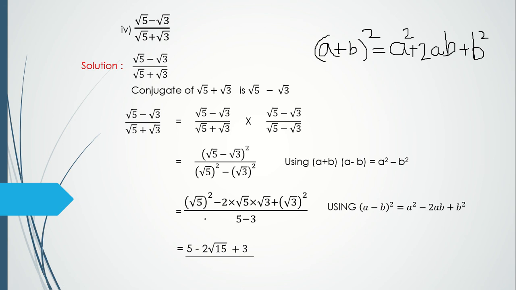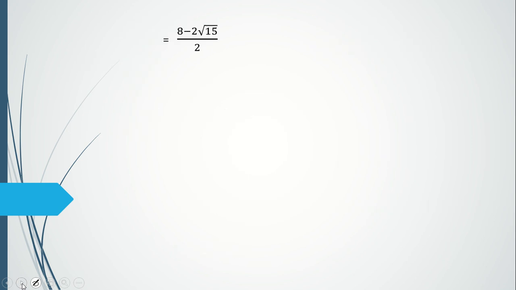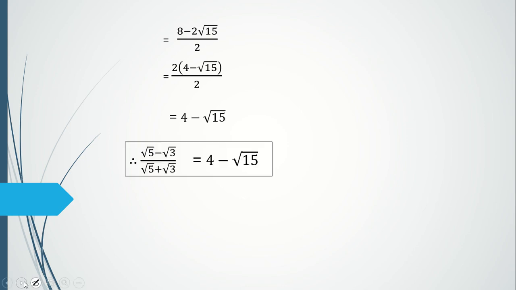And here root 5 square is 5, 2 root 15, plus here 3. In the denominator we get a rational number already. So that's 8 minus 2 root 15 upon 2. 2 is taken common, so 2 will get cut, and we get 4 minus root 15. Okay, that's the final answer.